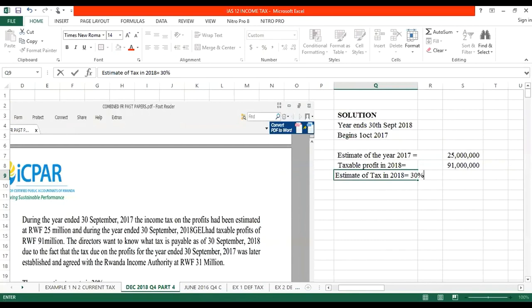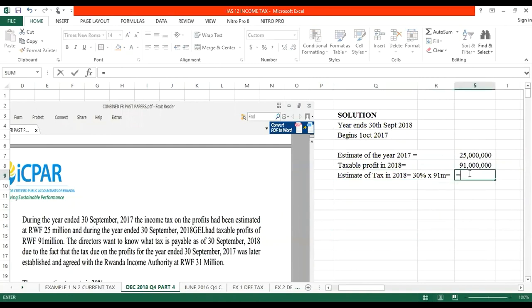So it will be 30% times 91 million. So what do we get? 30% times, of course, 91 million. So what is the estimate of the year?